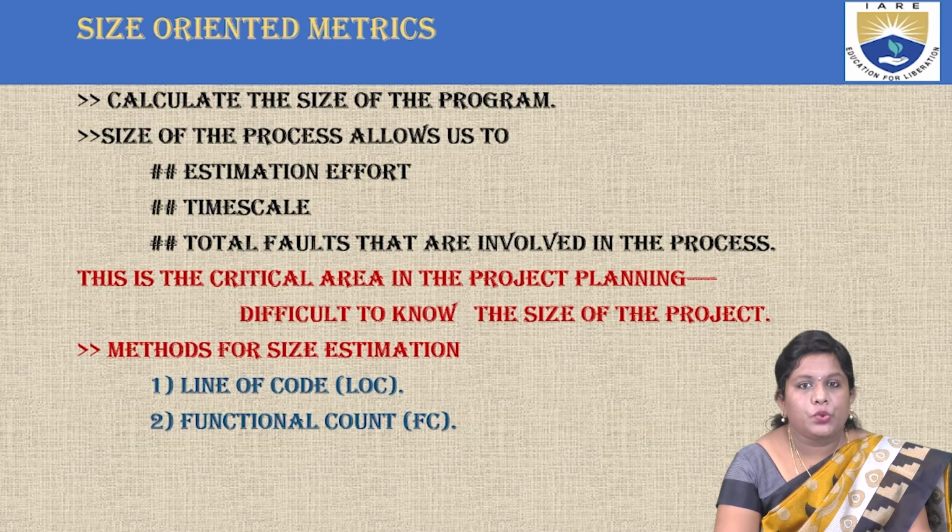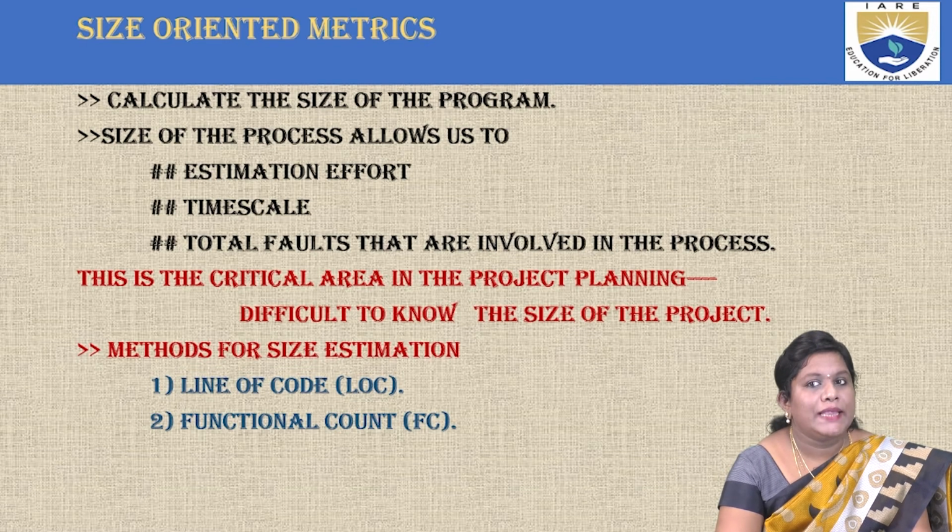Next, the main critical area involved in project planning is that it is very difficult to know the size of the project. If a person who doesn't know is given a program or code and asked what the size of the program or project is, he will not be able to tell.